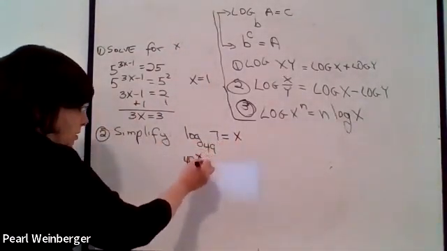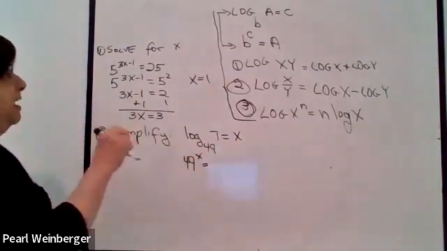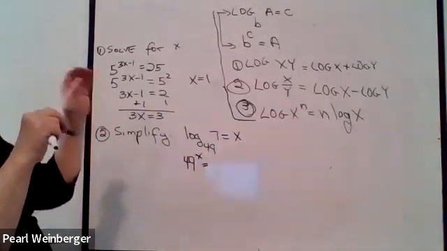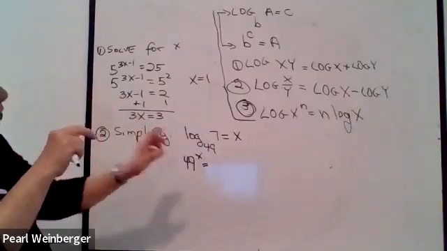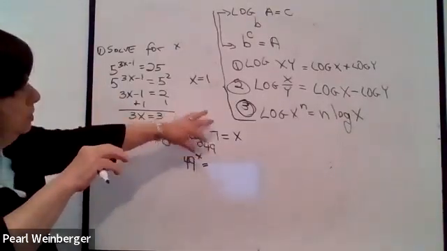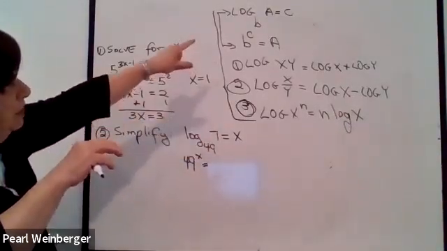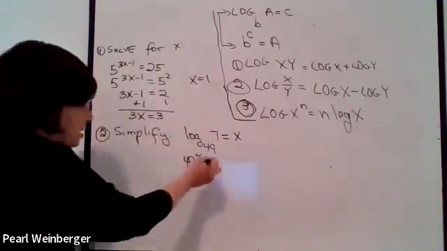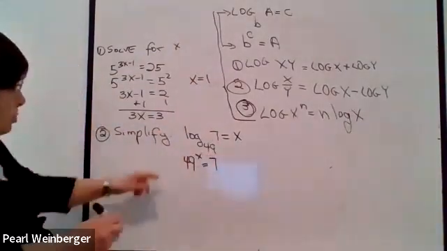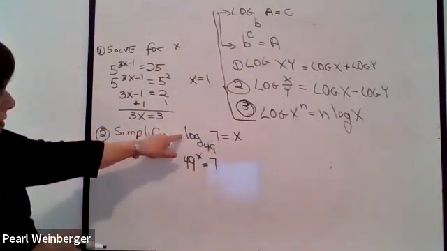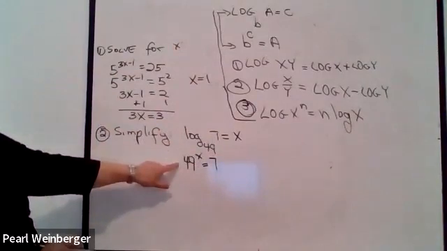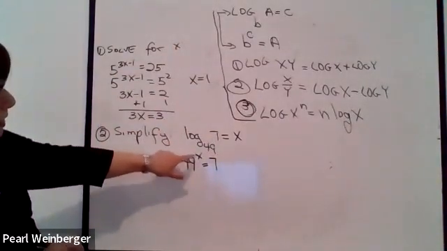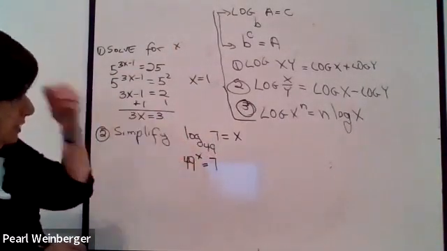We don't know what it is. And that equals the number that's written right next to the word log, not the subscript, but the number right next to it. In other words, our a in this case is 7. So translating this from the log form to the exponential form gave us 49 to the x power equals 7.